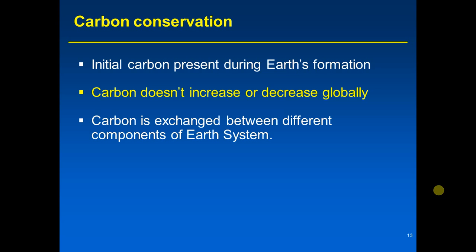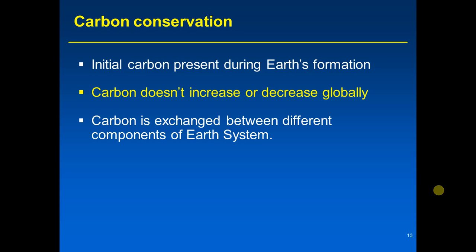Well, you have to remember that carbon exists in many forms, and carbon is being exchanged between the different Earth systems or spheres. So even though there's more carbon dioxide now than there has been going back nearly 1 million years before the early 20th century, that's not to say that the total amount of carbon in all the Earth systems has increased.